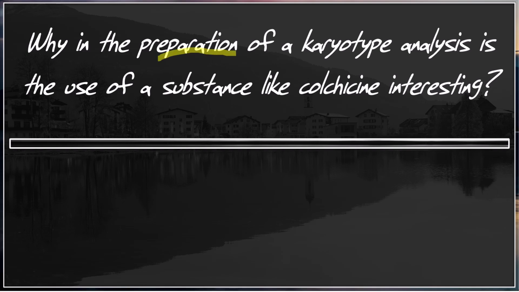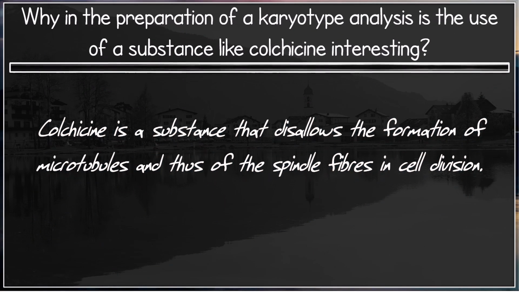Why, in preparation of a karyotype analysis, is the use of a substance like colchicine interesting? Colchicine is a substance that disallows the formation of microtubules and thus of spindle fibers in cell division.